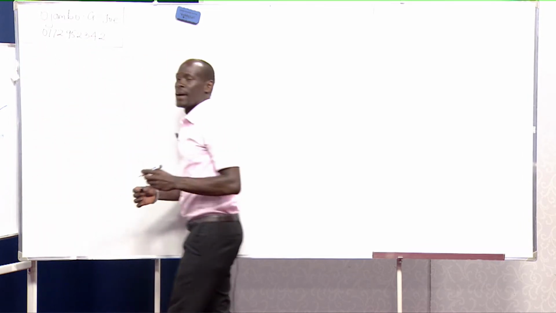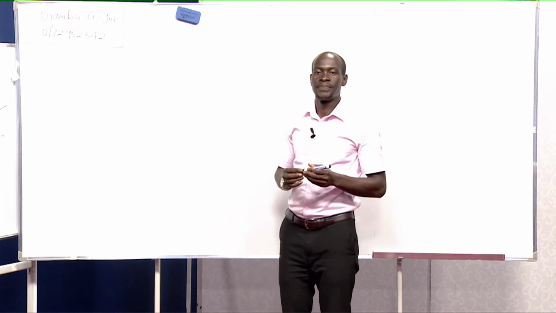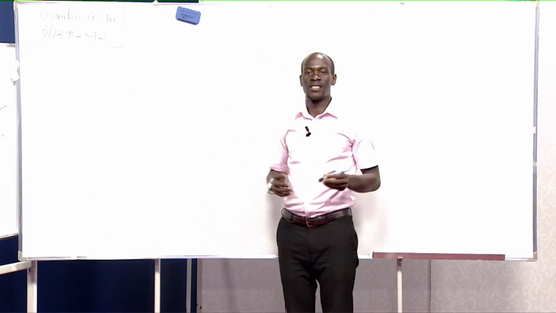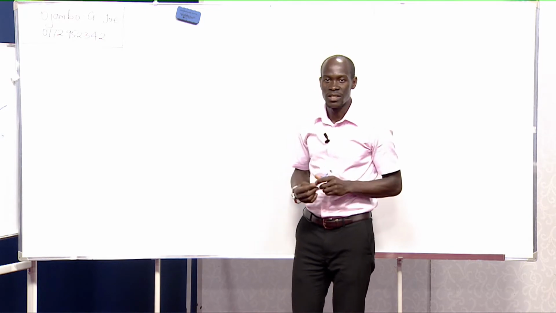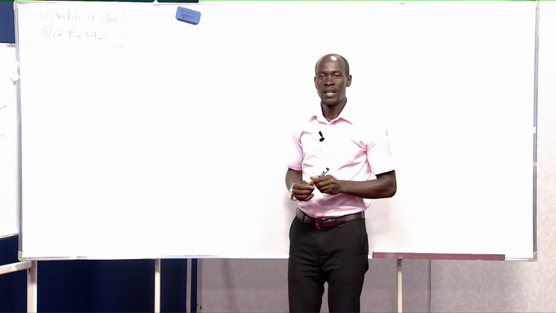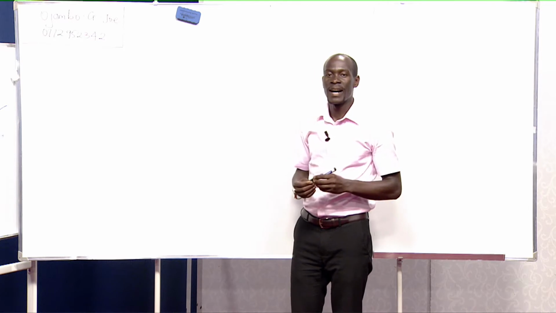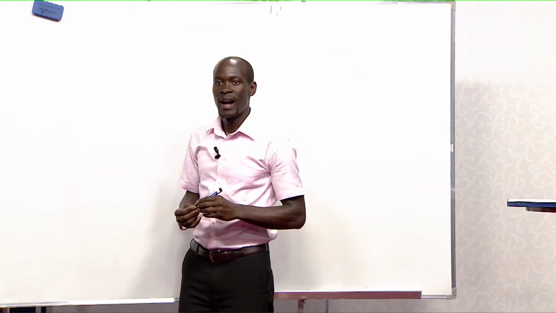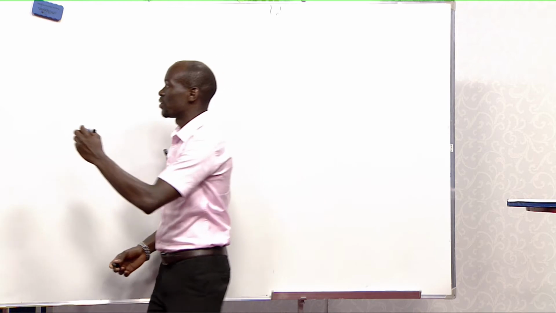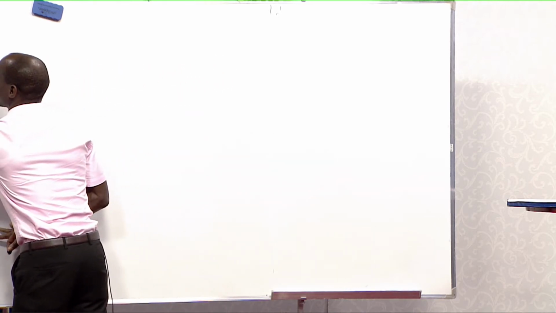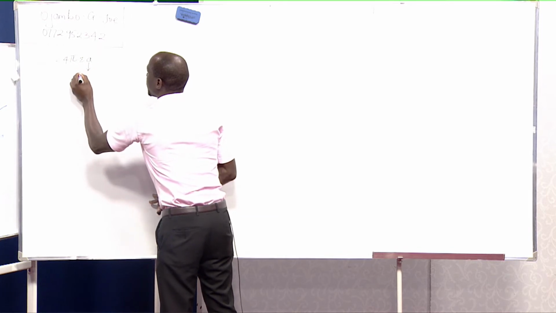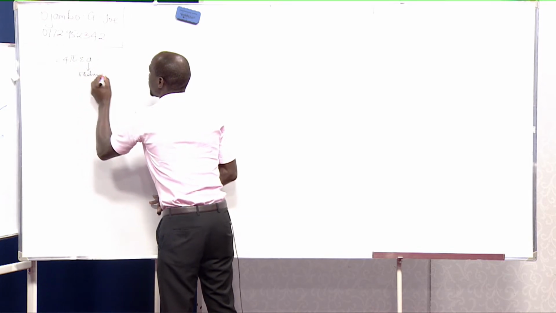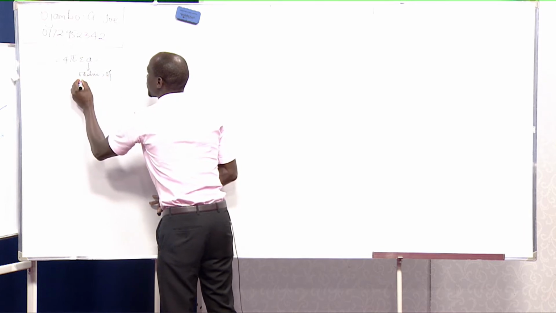Well, by the time we ended our lesson, we had discussed capacitance of an isolated sphere. And we discovered that the capacitance of an isolated sphere has the expression C equal to 4 pi epsilon a, where a is the radius of the sphere.